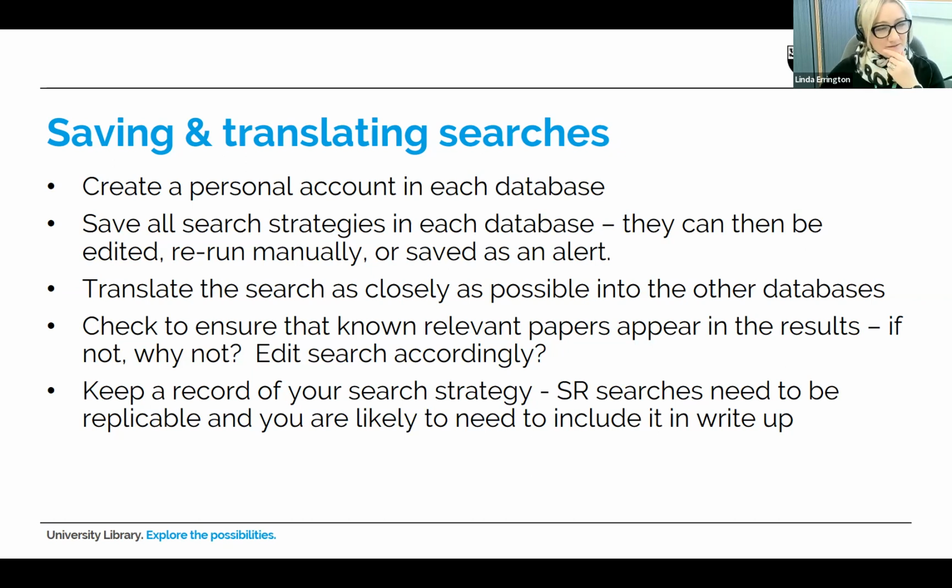So just to point out that systematic review searches can become quite unwieldy. The latest search that I've been working on is 102 steps long. I never want to have to retype those terms. So I've actually saved the search strategy in all of the databases.